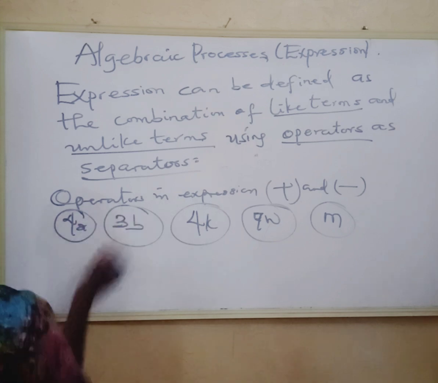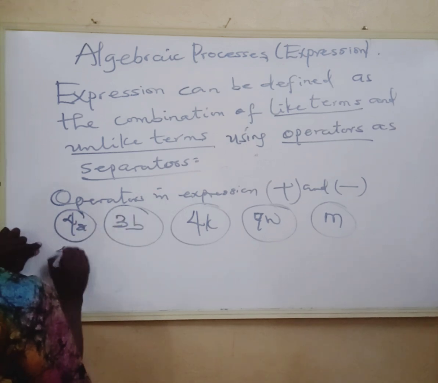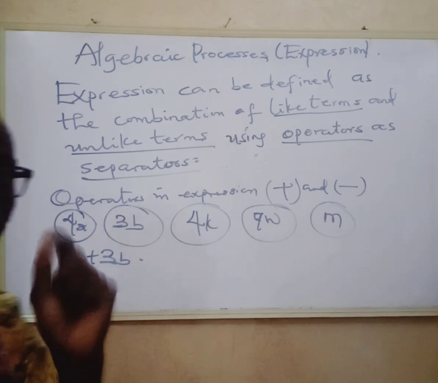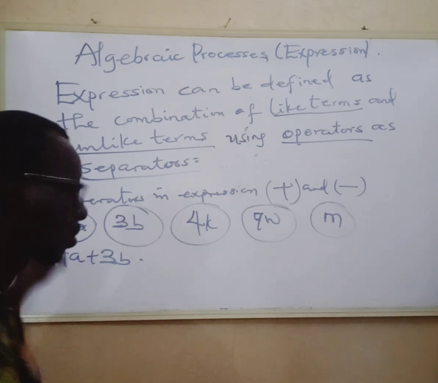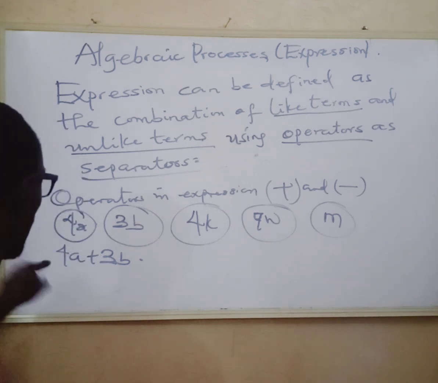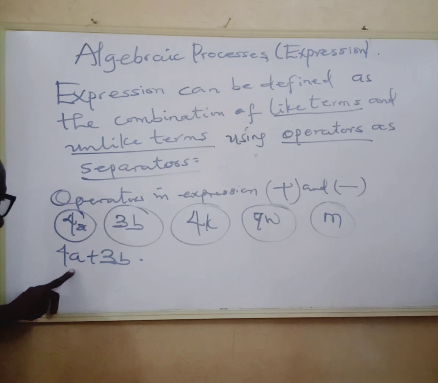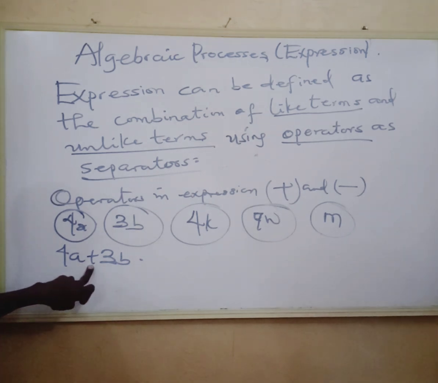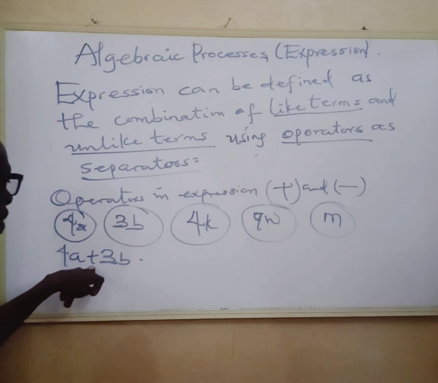Okay, let's take 4A plus 3B. This is 4A plus 3B. 4A plus 3B has to do with a term 4A and a term 3B with a separator positive.